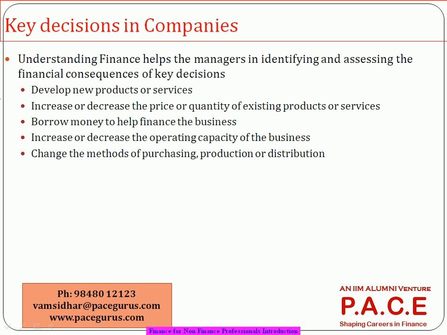The cost of the machine is much higher, right? So from those dimensions, every decision that is being made in the company is being looked at from a financial decision itself.